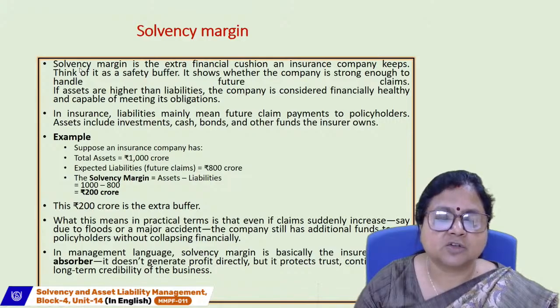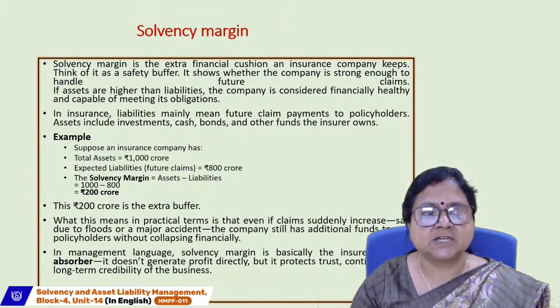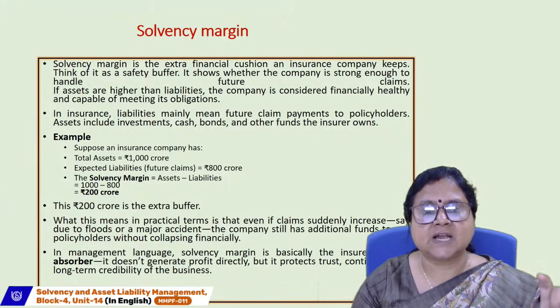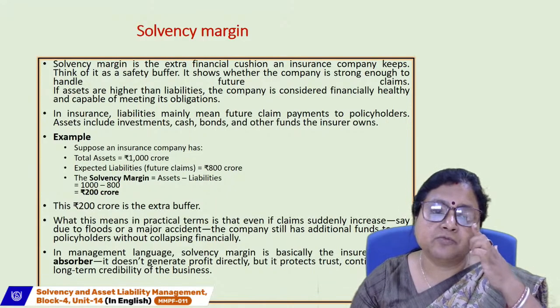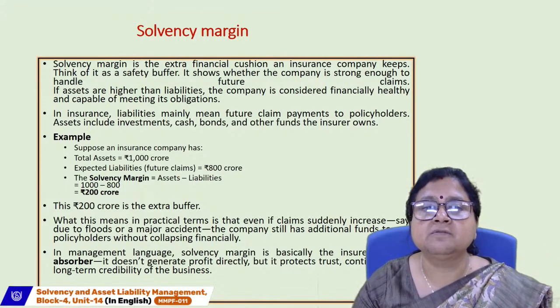So solvency margin is the extra financial cushion an insurance company keeps. As I said, it is the benchmark, or this much amount of money has to be there with the insurance company to pay off all types of claims that are coming in future.